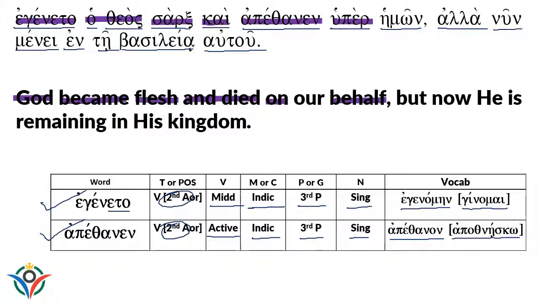But then we have the first person personal pronoun, which is "our." So God became flesh and died on our behalf. Then we have our conjunction, but, nun, now, menei, which is a present, active indicative. Now he is remaining. And then we have this prepositional phrase, en te basileia autou, in his kingdom.